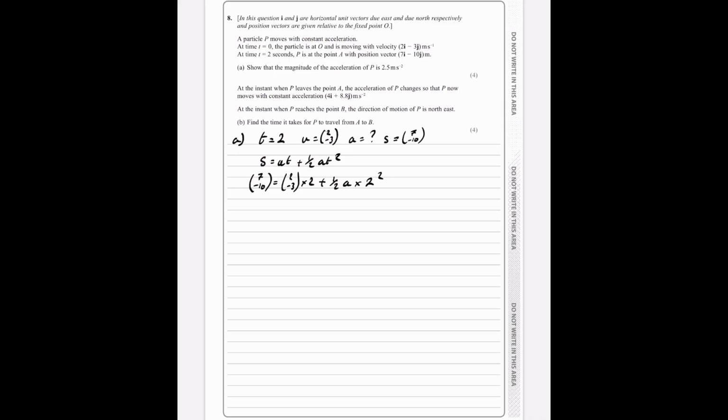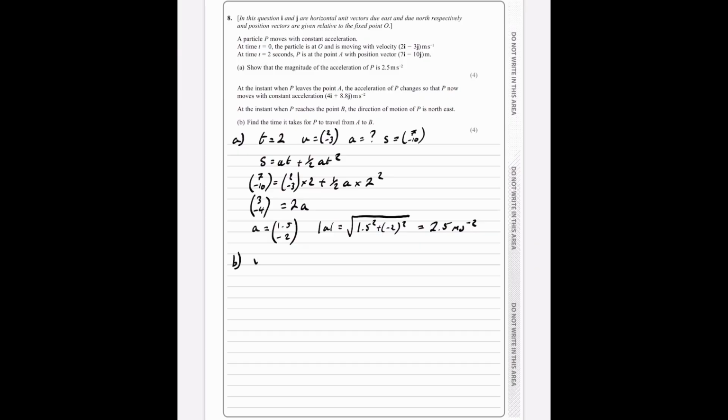So if we times (2, -3) by 2, bring that onto the left hand side, and a half times a times 2 squared is 2a, and so our value for a is (1.5, -2). We want the magnitude of that, so we'll stick it into Pythagoras. 1.5 squared plus negative 2 squared, all square rooted, comes out to 2.5 meters per second squared.